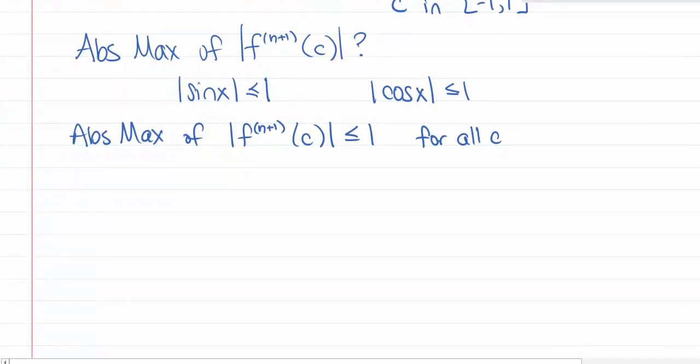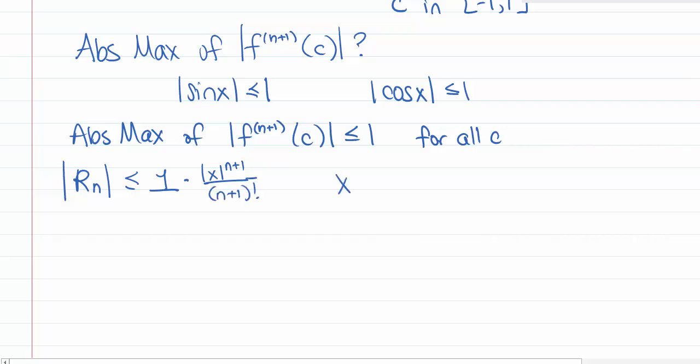All right, so how does that help us? That tells us that our remainder sub n, and let's look at the absolute value of that too, is always less than or equal to 1, replacing that derivative term with a 1, times the absolute value of x to the n plus 1 all over n plus 1 factorial. But we know that x is in the interval from negative 1 to 1.